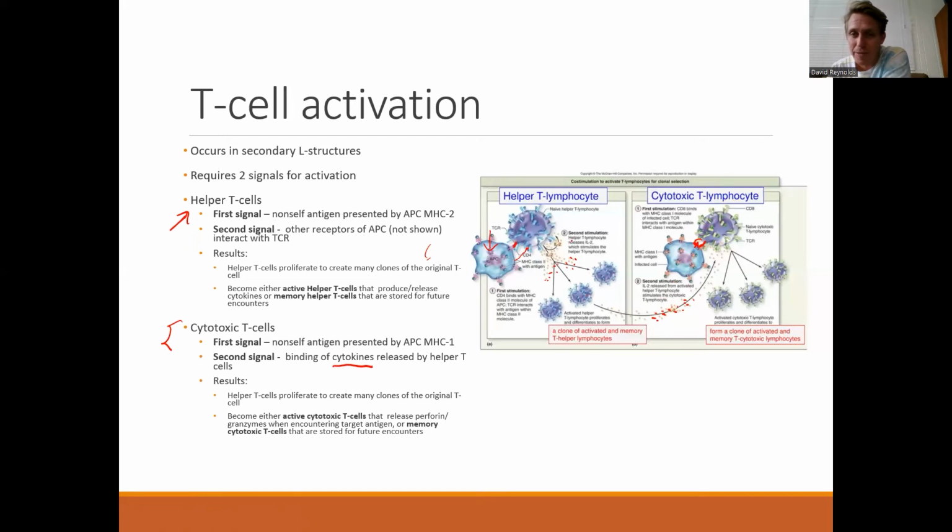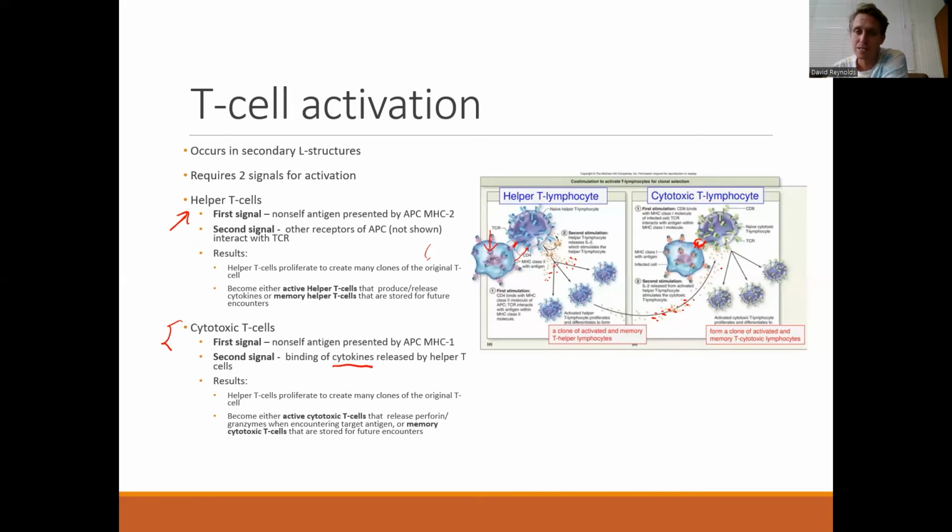So a helper T cell needs to be activated in order to activate a cytotoxic T cell. So now the cytotoxic T cell knows, one, I found the antigen that is being presented to me on a cell. Two, I found the cytokines that a helper T cell had detected. So this helper T cell went through the same checks and balance process. So I know I need to activate now and go kill whatever this is.